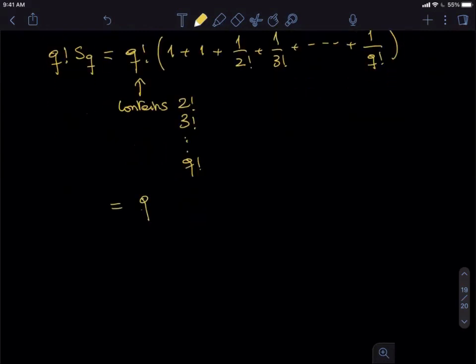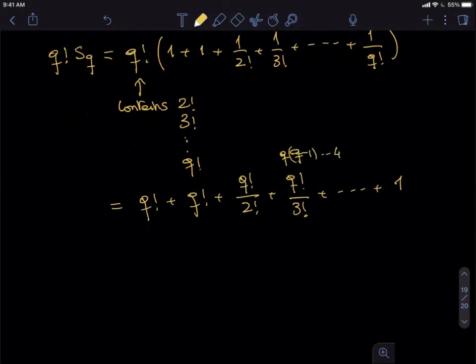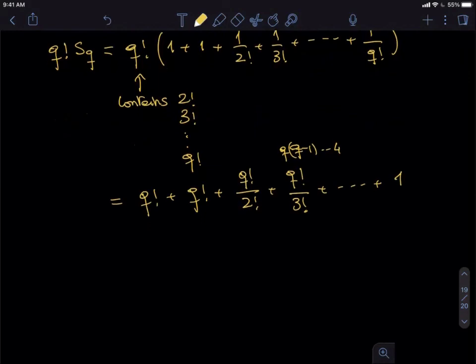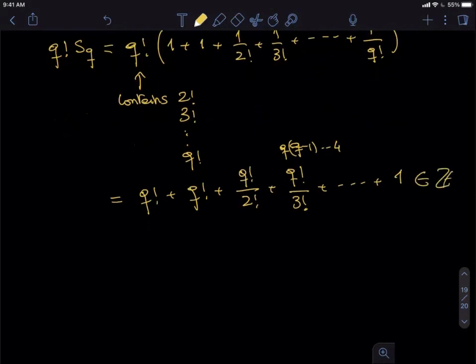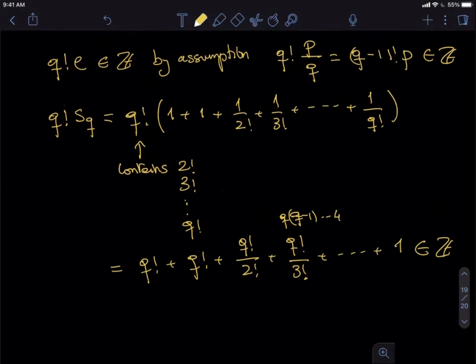So all these products are going to be integer numbers, because I can cancel. This will be q times q minus 1 all the way to 4, and so on. So this is an integer number. And then the sum of two integer numbers is an integer number. So we are done here.